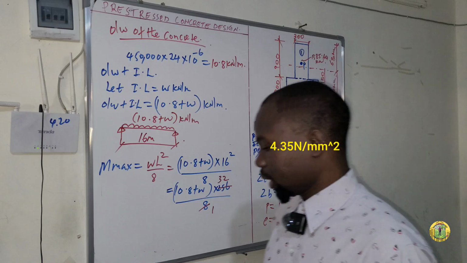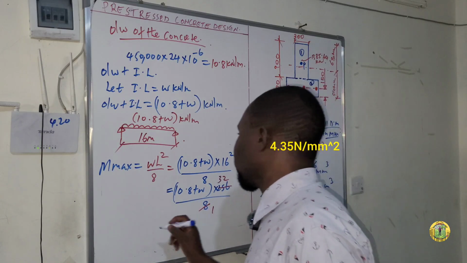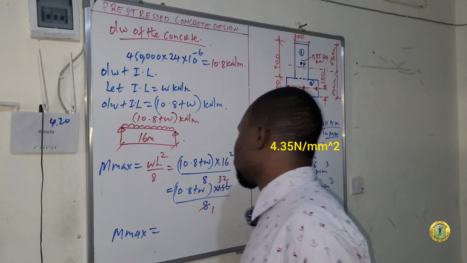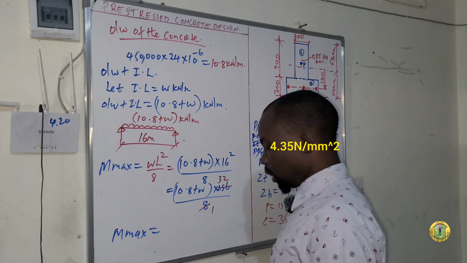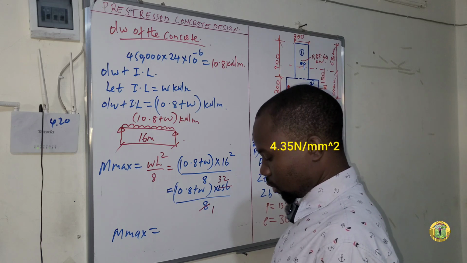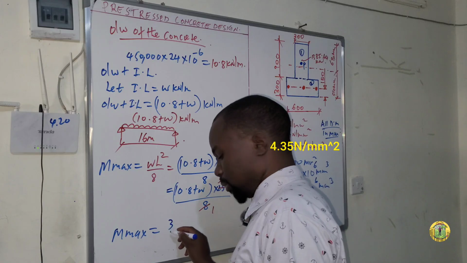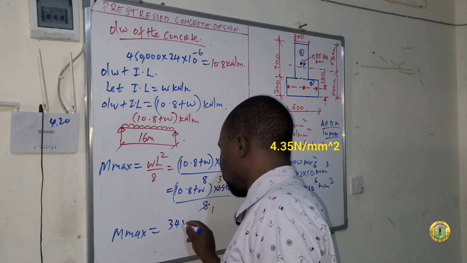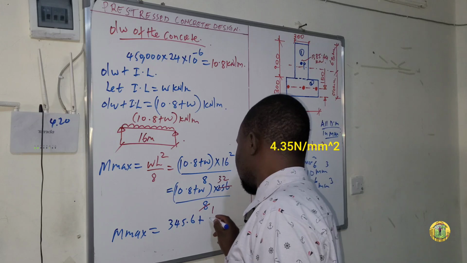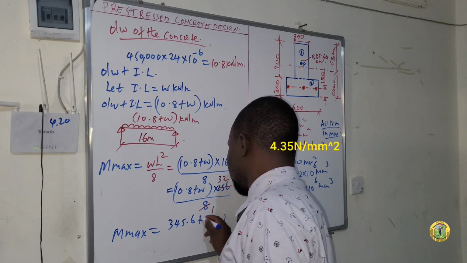Then you can open the bracket. So M max is equal to 10.8 times 32, which is 345.6, plus 32W.